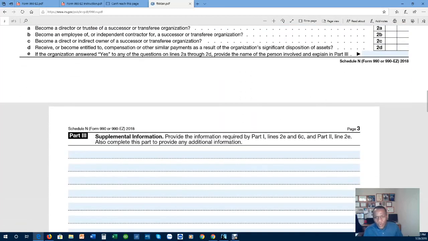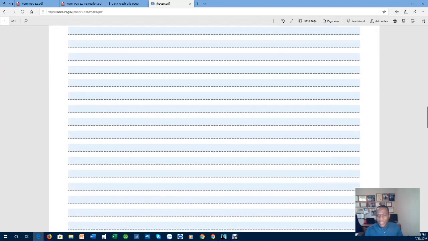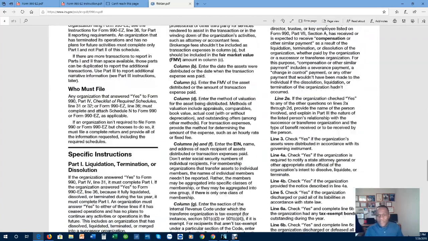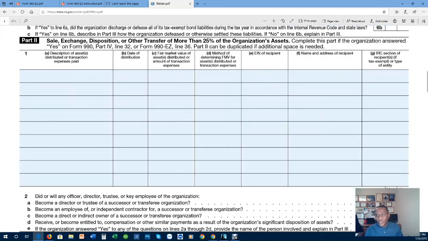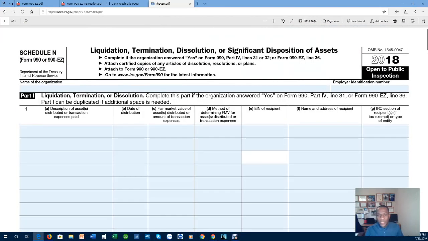Then jump to Part 3, which is supplemental information. Provide information required by Part 1, line 2e and 6c, and Part 2, line 2e. Also complete this part to provide any additional information. Specific instructions are given to you to properly complete Schedule N.